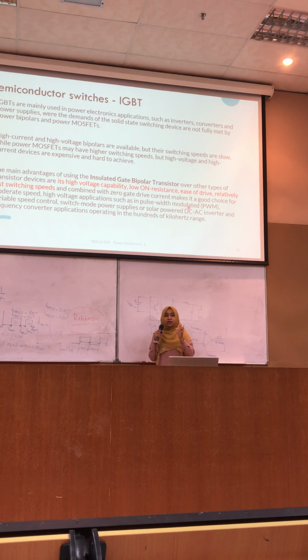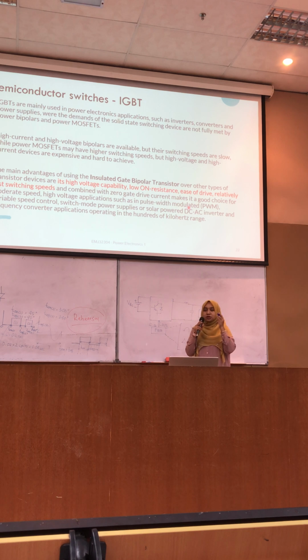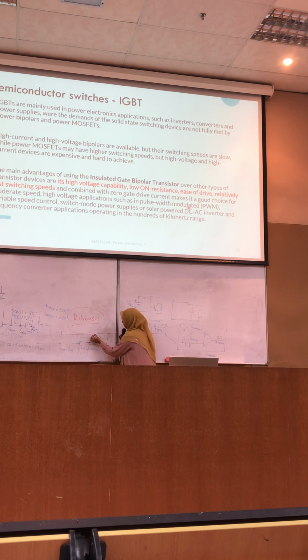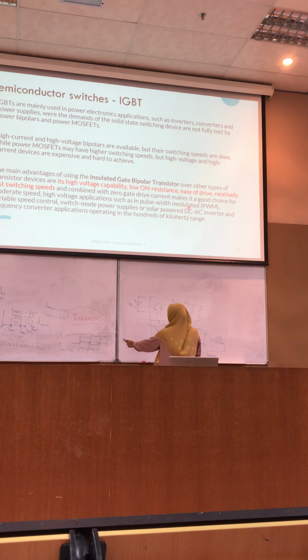It has the same duration, the amount of time the switch is on and the amount of time the switch is off will be the same. That is what we call fixed pulses. Can we vary these pulses? We can vary these pulses over here.